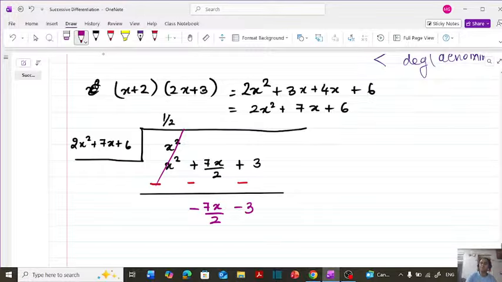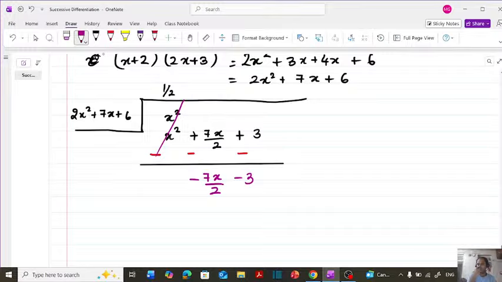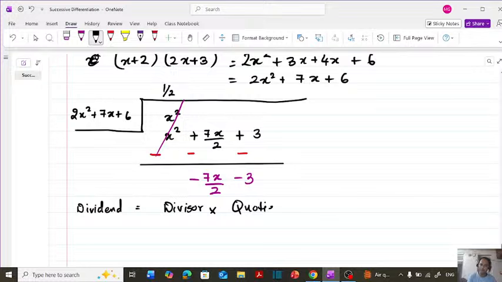This is what is your denominator, the new thing that you get. Now the division is not possible further. So now when I write it here as dividend equals divisor into quotient plus remainder.